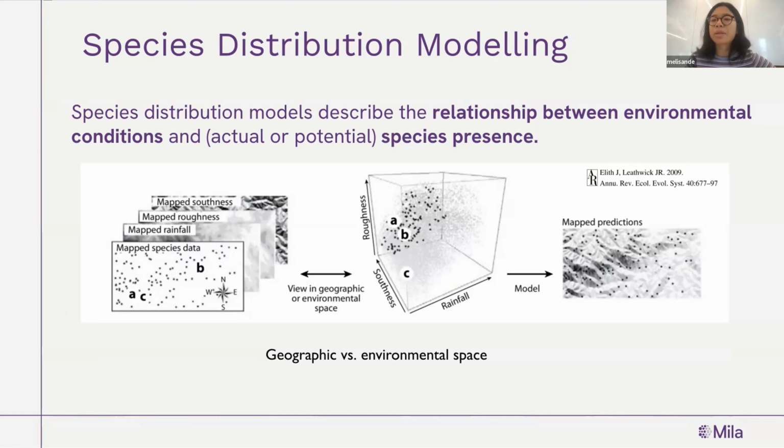Typically, the environmental conditions are variables like precipitation or temperature, and then you also have access to species observations, and they bring all these maps together and view the species distribution either in environmental space or projecting it back into geographic space.